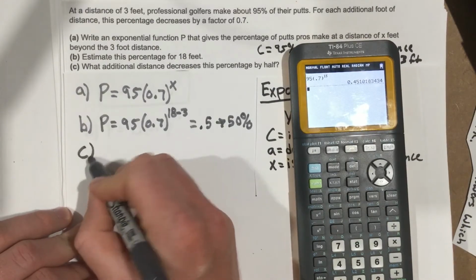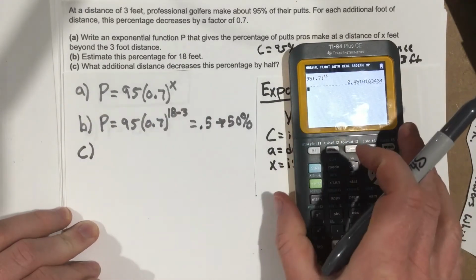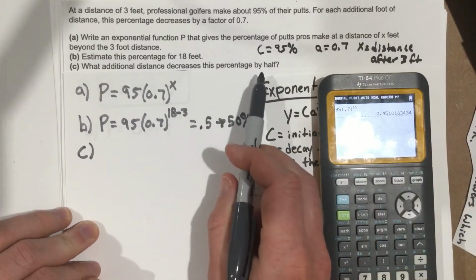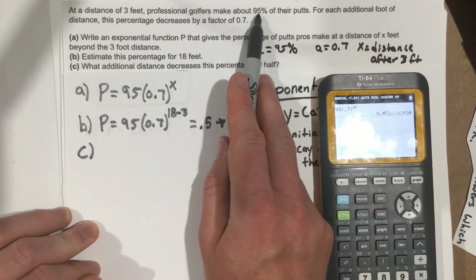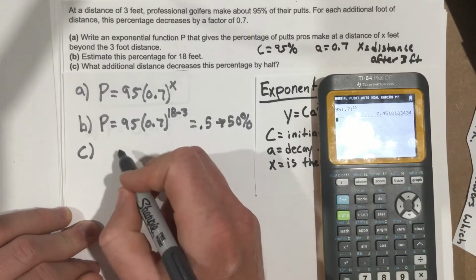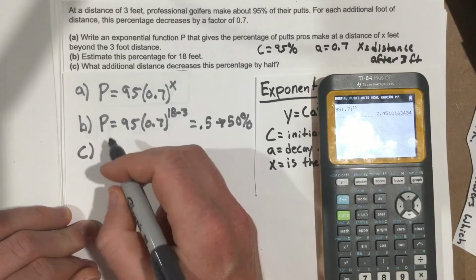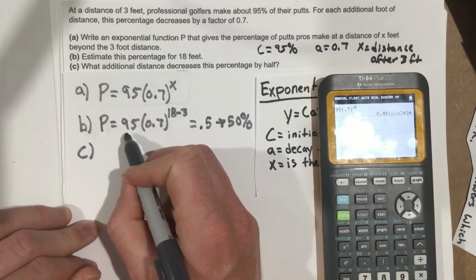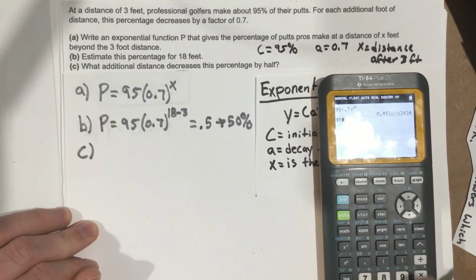Part C, what additional distance decreases this percentage by half? Now, the percentage they're talking about is the 95%. They're talking specifically about 95%. So to get that, we're going to say, what's half of 95? Well, 95 divided by 2 is 47.5.